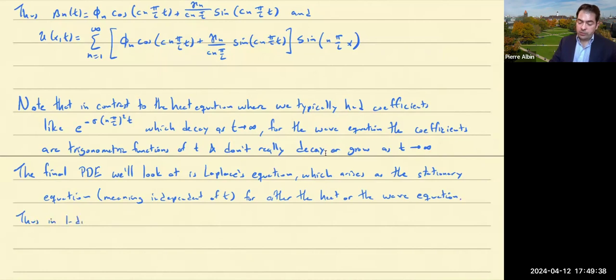Thus, in one dimension, the Laplace equation would just say two derivatives with respect to x is equal to 0.